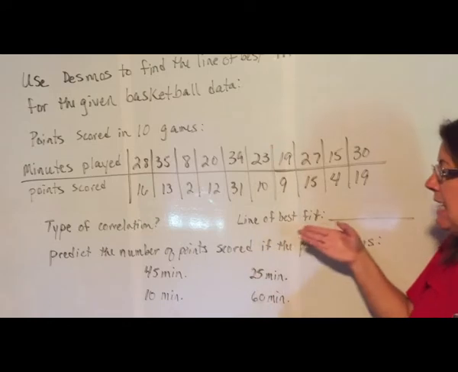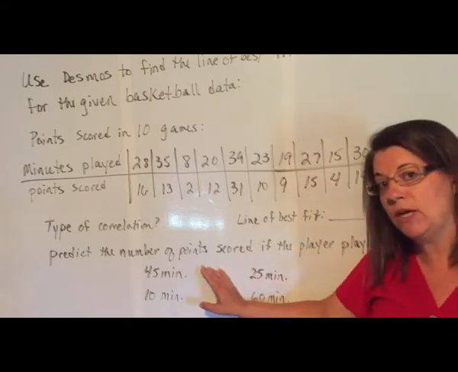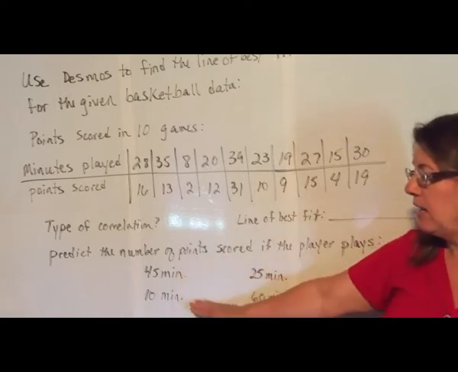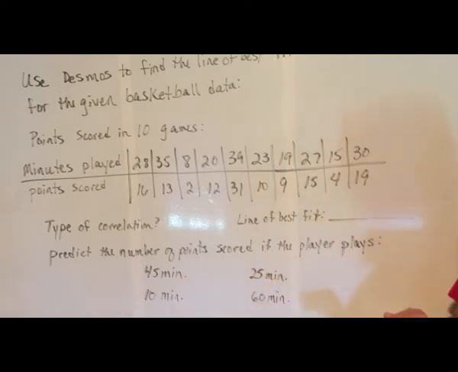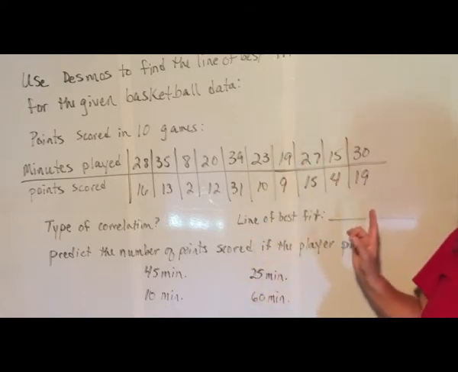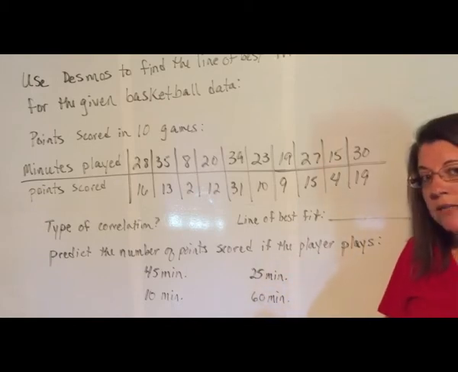Then we're going to take that equation to predict how many points a player is expected to score if they play this number of minutes. So I'll give you some time. Go ahead, pause the video, copy this down, and then we will learn how to do this in Desmos.